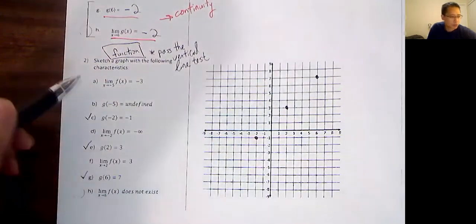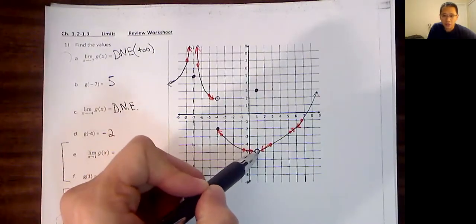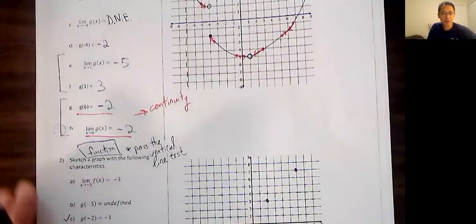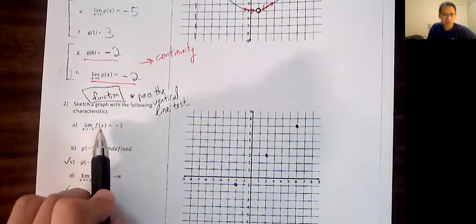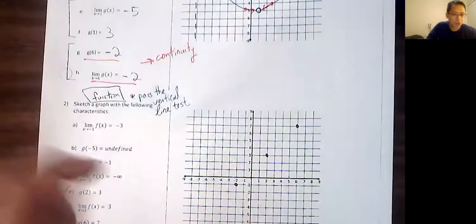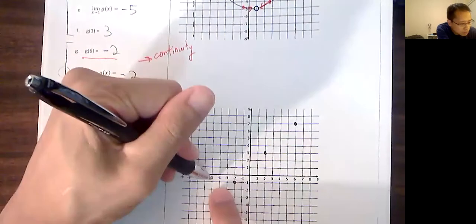Just like how we saw here, when we had limit exists, it could be a hole, it could be an ordered pair, but I'm going to just leave it as a hole just to give me some options. If I need to fill that in, I can fill that in later. I don't have to erase it. So I want the graph to move towards that ordered pair of (-5, -3). So I'm going to put a hole there.